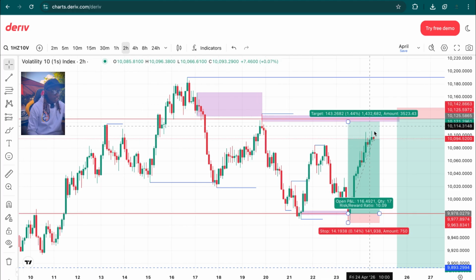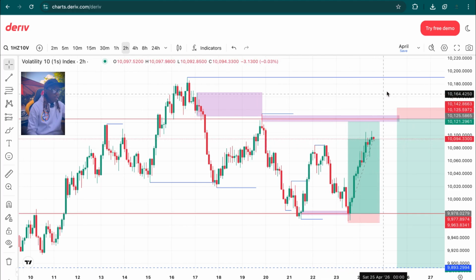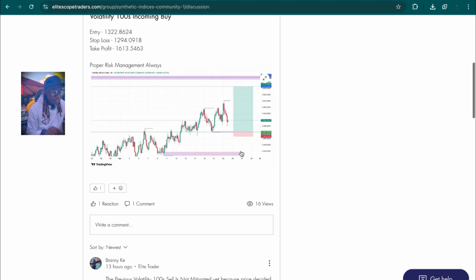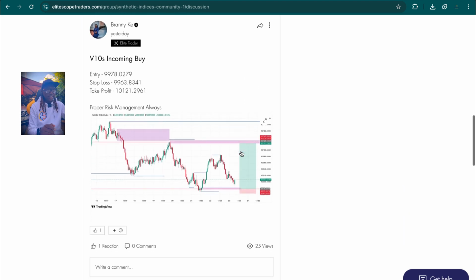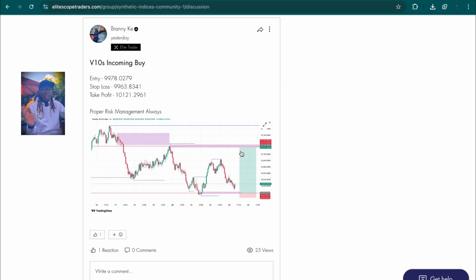So let's wait and see if my take profit will be hit, and then we enter some sales there. So that is the whole breakdown, and I'll proceed now with showing you the entry. This was the entry I sent yesterday. You can see nothing has changed from entry, stop loss, take profit. And as always, when my take profit is hit, I will attach everything in this video.